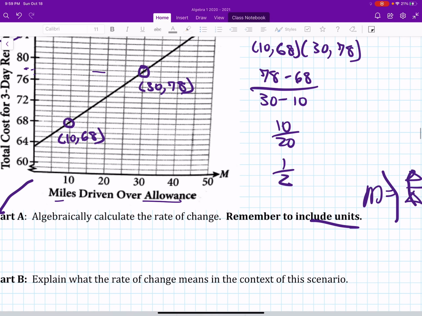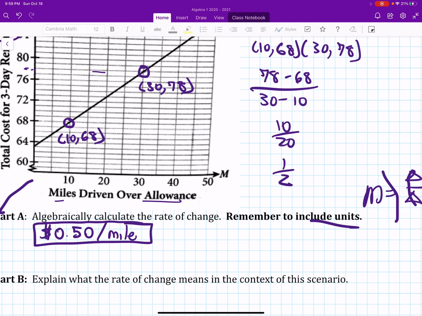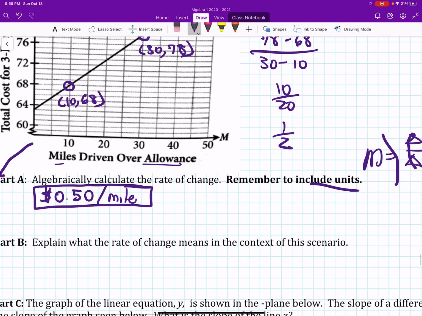What does that mean in a word problem? Well, again, it's money over mileage, so it's 50 cents per mile. All right, explain what the rate of change means in this sense.